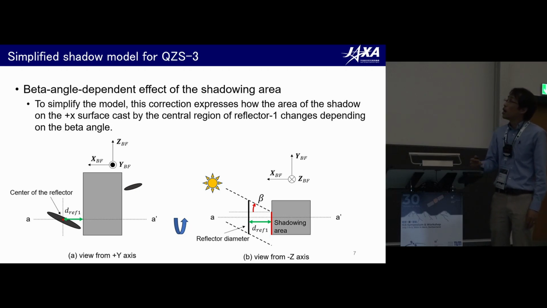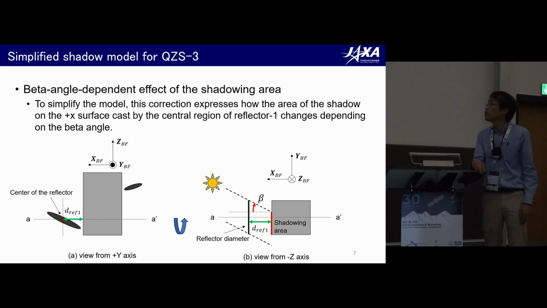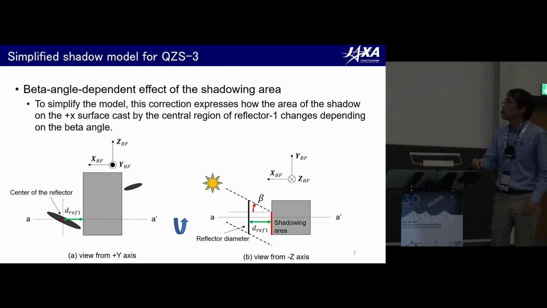I am also considering the beta angle dependent effect of the shadowing area, because the GEO satellite QZSS3 is in the orbit normal mode, so the sun is shining on the Y surface of the satellite.